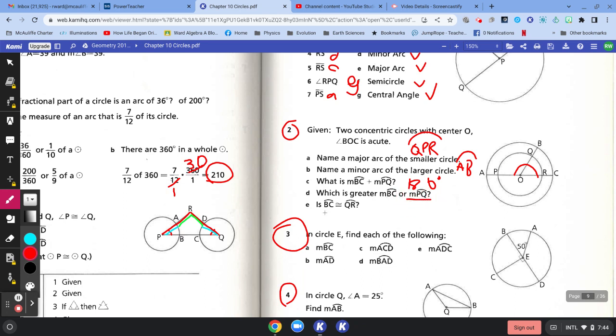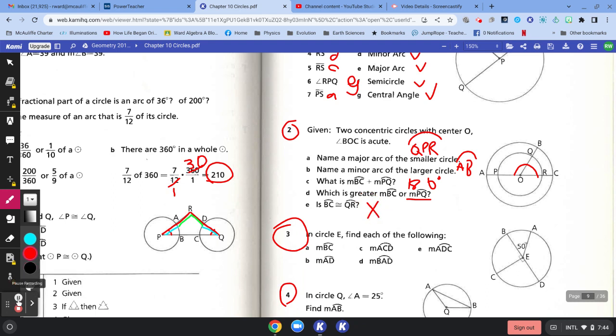And then is arc BC congruent to arc QR? They are not, because they are not arcs of congruent circles. So they have the same measure in degrees, but they're not the same distance from a center of the circle. So no on that one.